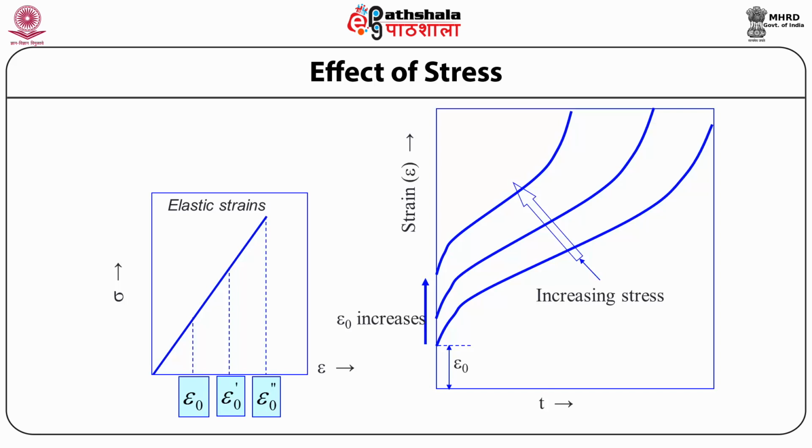We can easily see the points denoted by epsilon naught prime and epsilon naught double prime in the first figure. In the initial regions of the curve, epsilon naught is increasing, and from the first curve to the third curve, the stress is increasing. Below that, there is a constant epsilon naught.